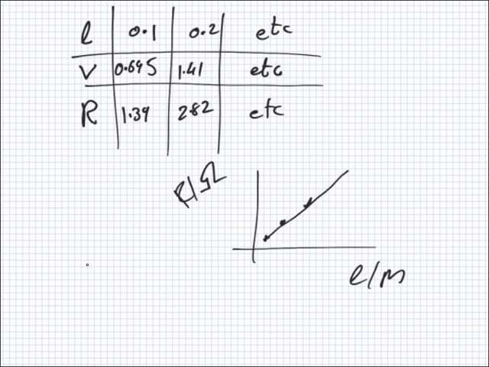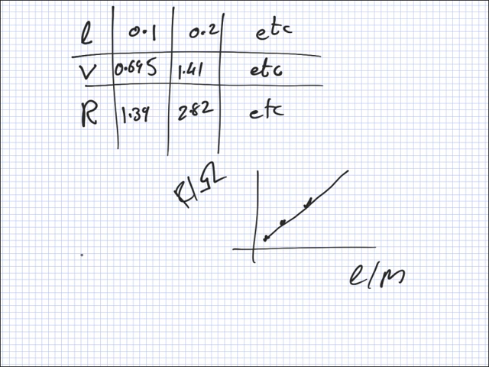Calculate the gradient, the slope. So obviously I'm just going to roughly estimate it here. I'm just going to use 2 points. I'm just going to use the first 2 points because I have them here in the table. So it would be the rise over the run. So that would be 2.82 minus 1.39 over 0.1.